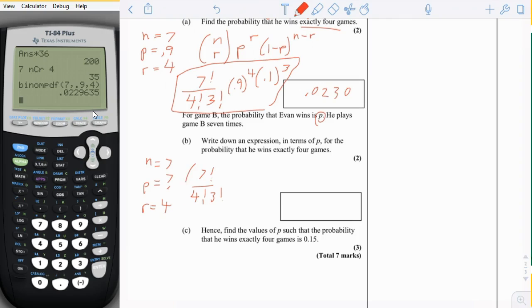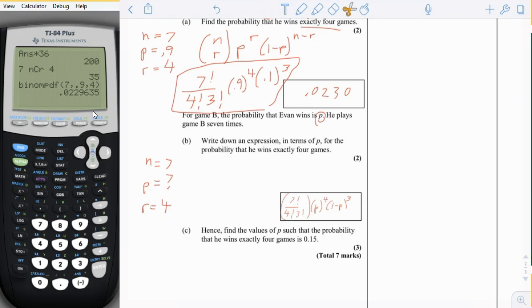And then we're going to have P to the 4th times 1 minus P to the 3rd. Okay, so we wrote down an expression here, and I should have put it inside the square brackets, right? Okay, for the probability he wins exactly 4 games.